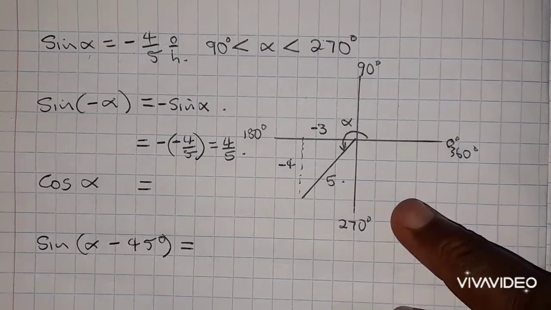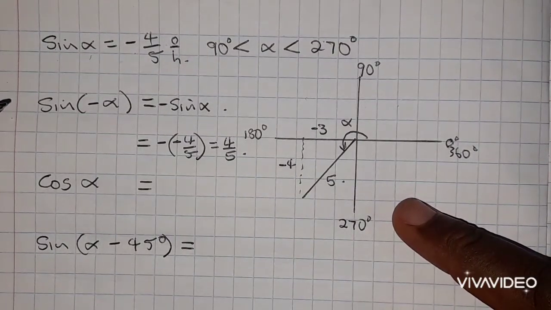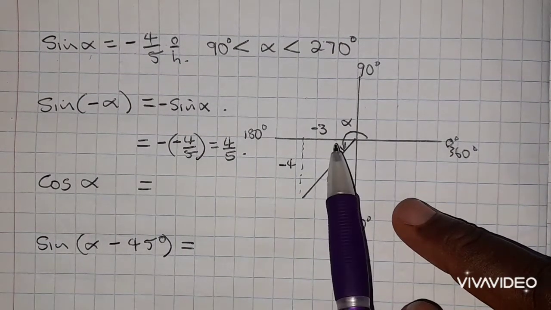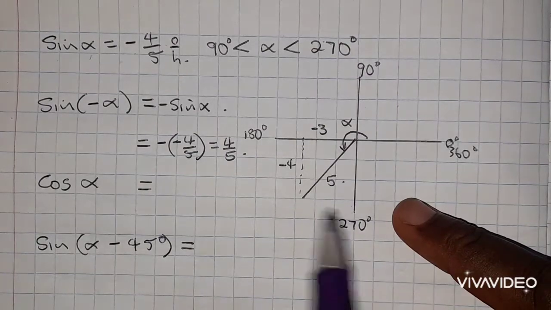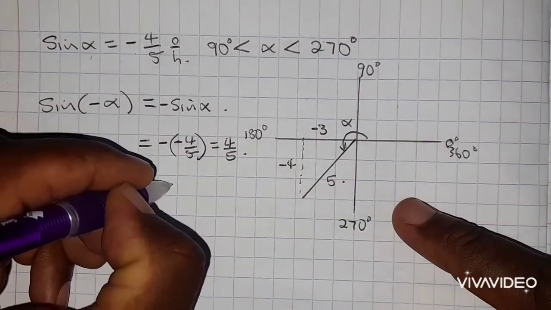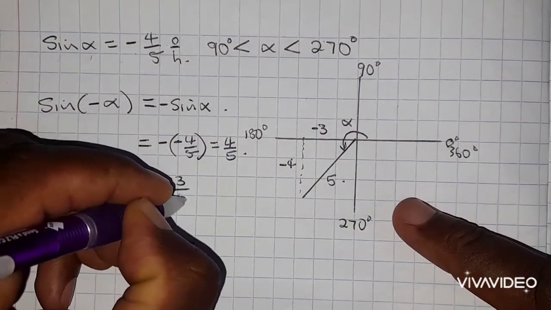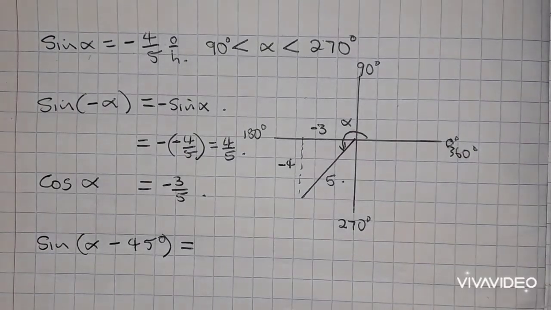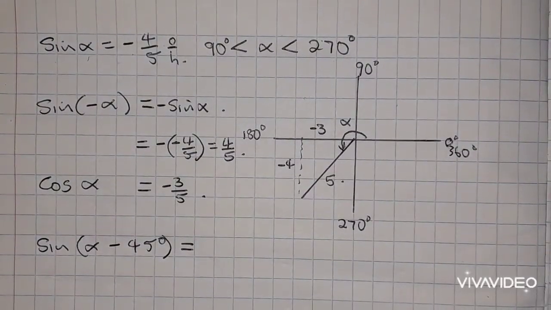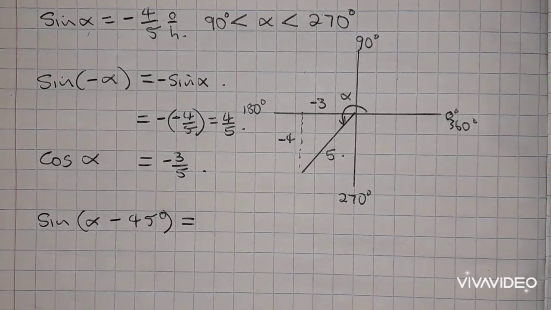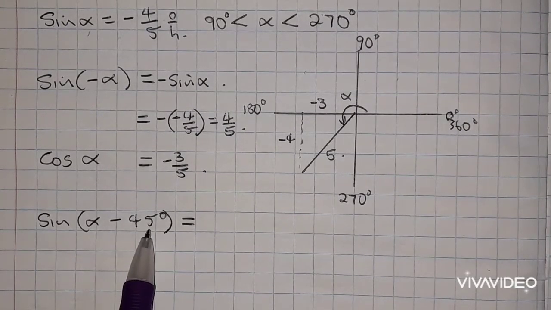And then cos alpha, remember cos is adjacent over hypotenuse. Here is our adjacent, is -3. So here is -3/5. And the third one, sine alpha minus 45. This is a compound angle.